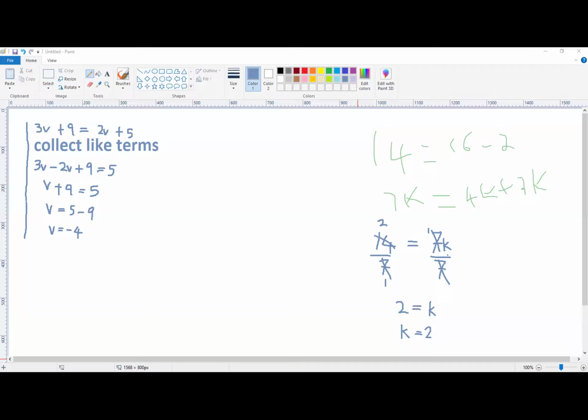Oh wait, 14 divided by 7 is 2, equals k. k equals 2. Yeah, I've done it. Okay, good.